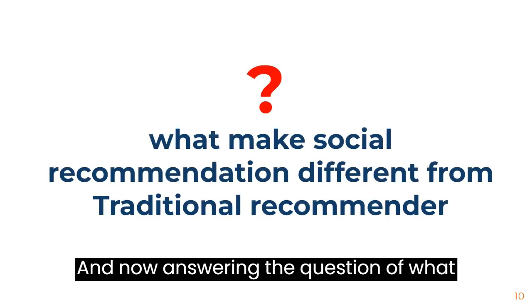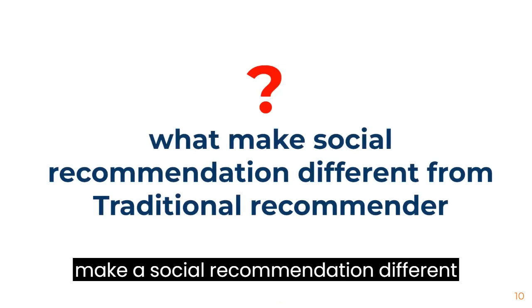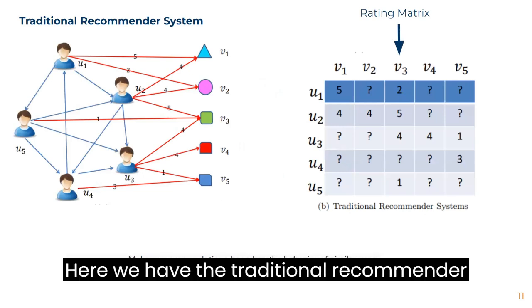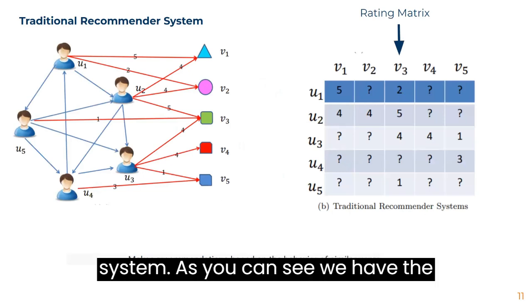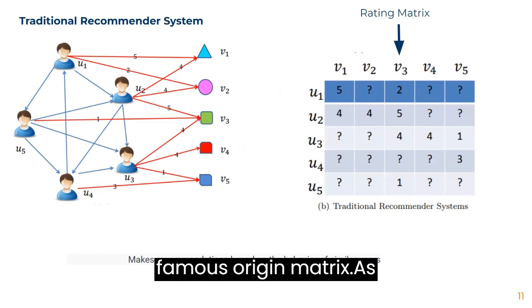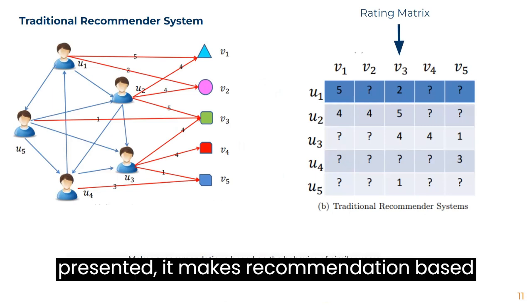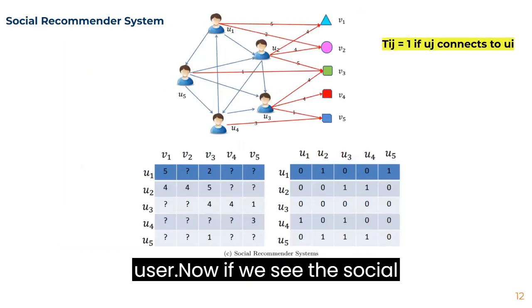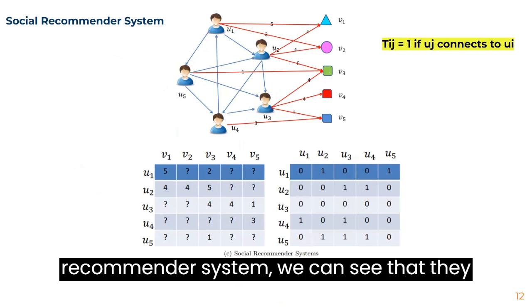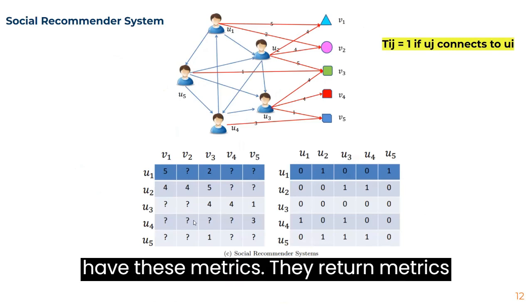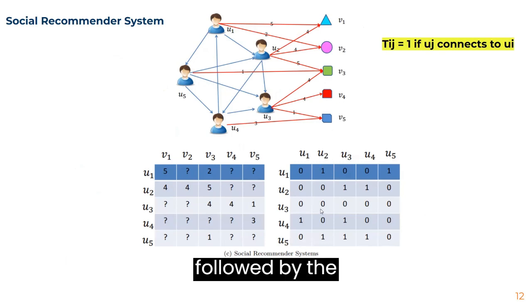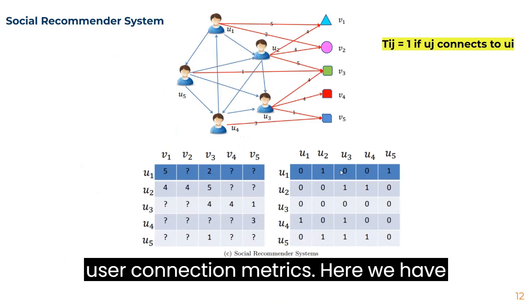Now, answering the question of what makes a social recommendation different from a traditional recommender. Here we have the traditional recommender system. As you can see, we have the famous rating matrix, and it makes recommendations based on the behavior of similar users. Now, in the social recommender system, we have this rating matrix used in collaborative filtering, followed by the user connection matrix.